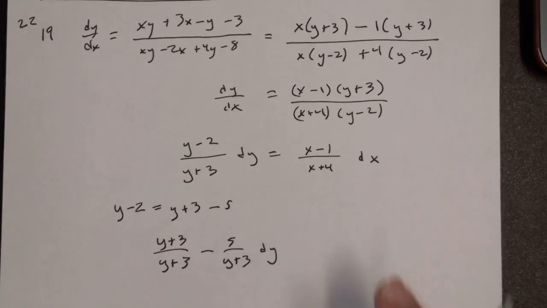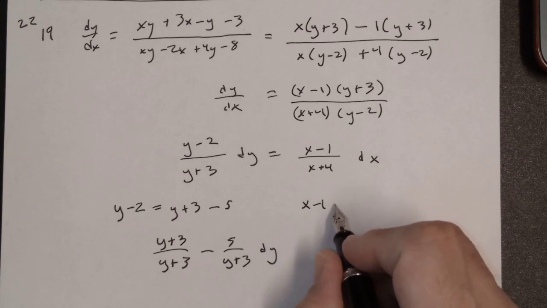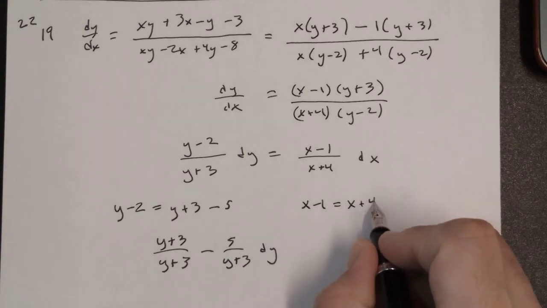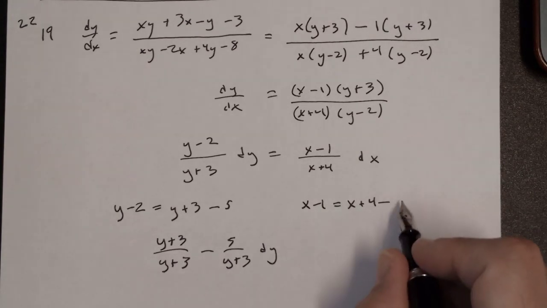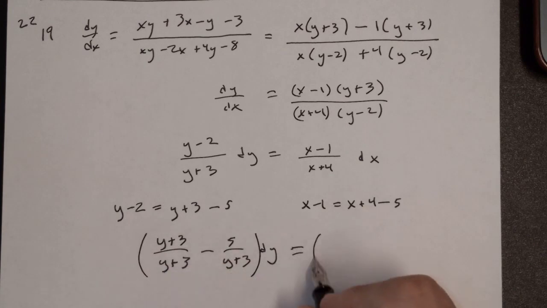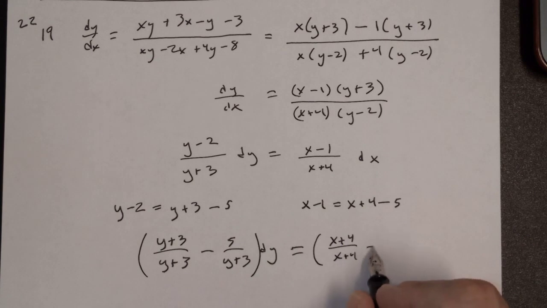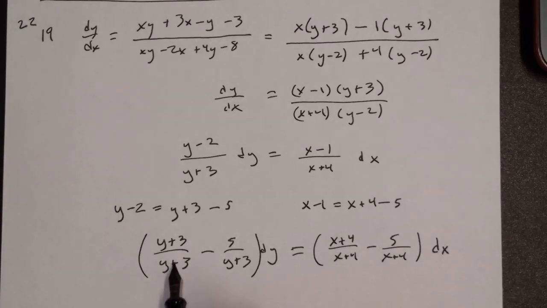What do I get if I try and do the same thing over here? I write x minus 1 as x plus 4 minus something else. Again. But these are ones.